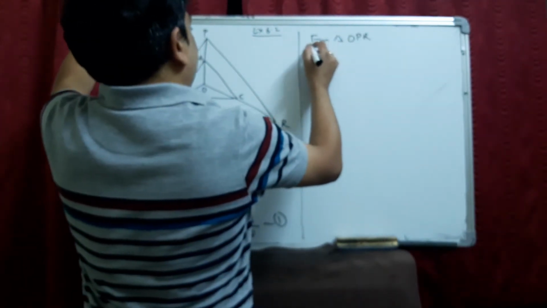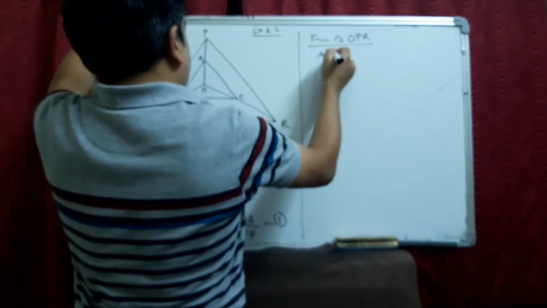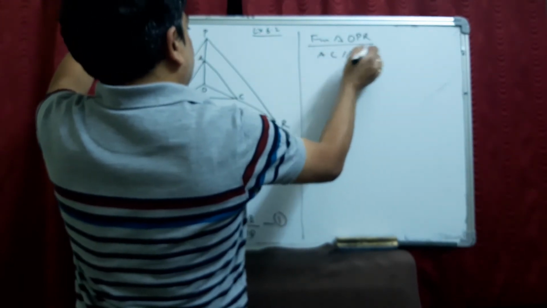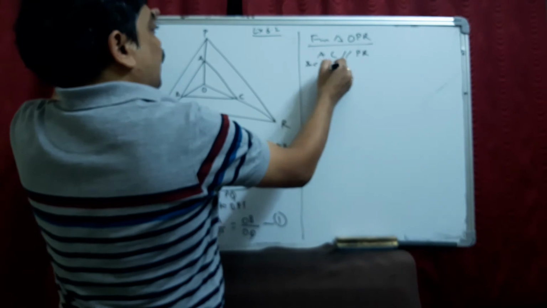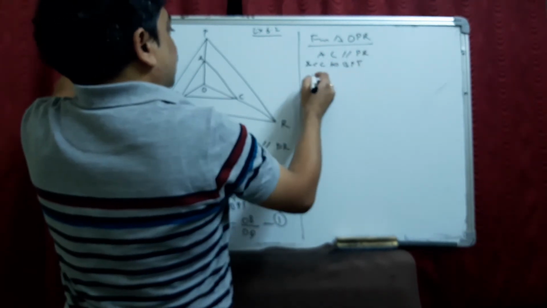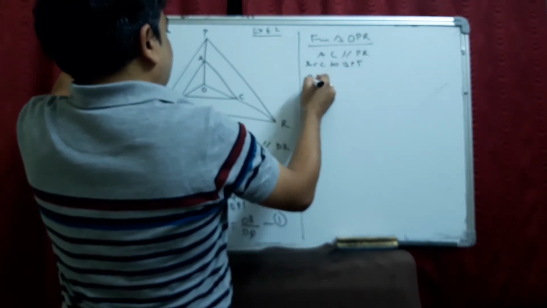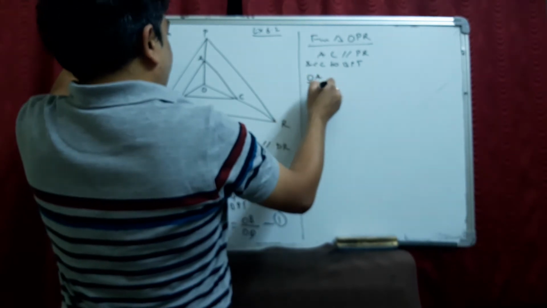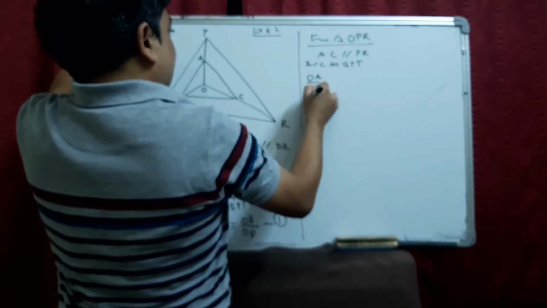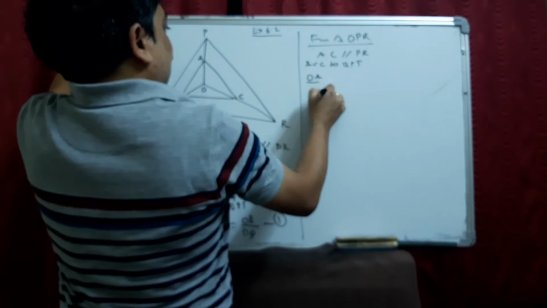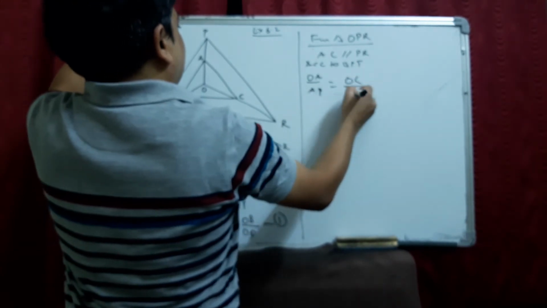Now from triangle OPR, AC is parallel to PR. So apply BPT, the basic proportionality theorem: OA by AP is equal to OC by CR.